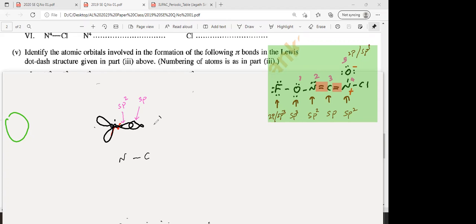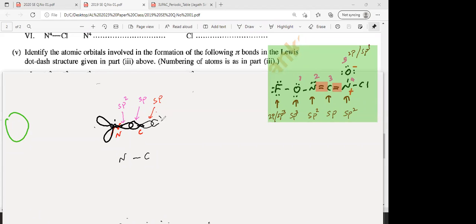Nitrogen-carbon sigma bond, right? And again there's one more sp in here, on this side, the other sp. Look at the screen. This is the other sp, of this carbon atom. Here carbon C, and here the nitrogen N. And this side also there's a nitrogen with sp2.